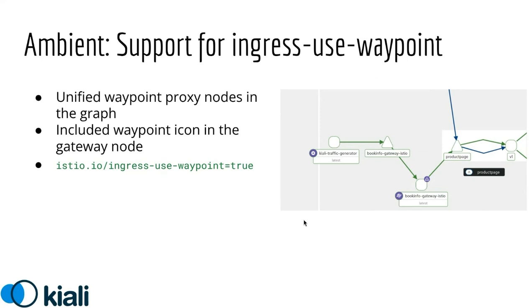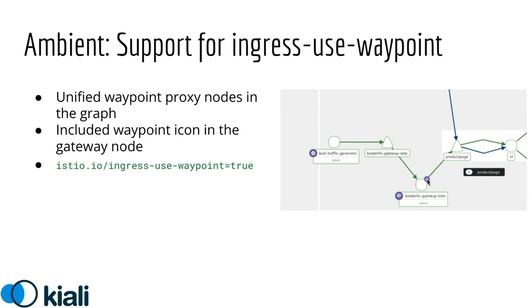And in our mesh graph, by default, we are hiding the waypoint proxies. So instead of seeing an edge from our gateway to the waypoint proxy, now we are going to see a small icon for the waypoint proxies, which means that this gateway is redirecting traffic through the waypoint proxy.